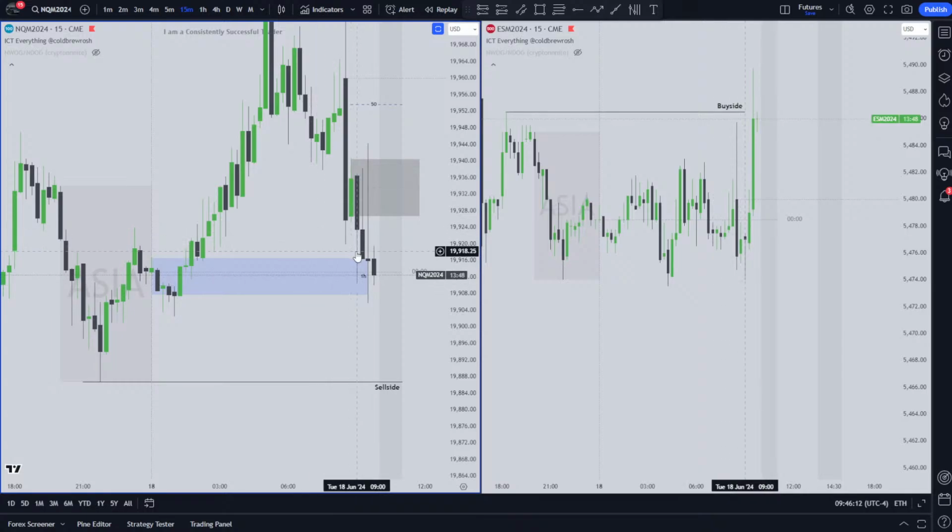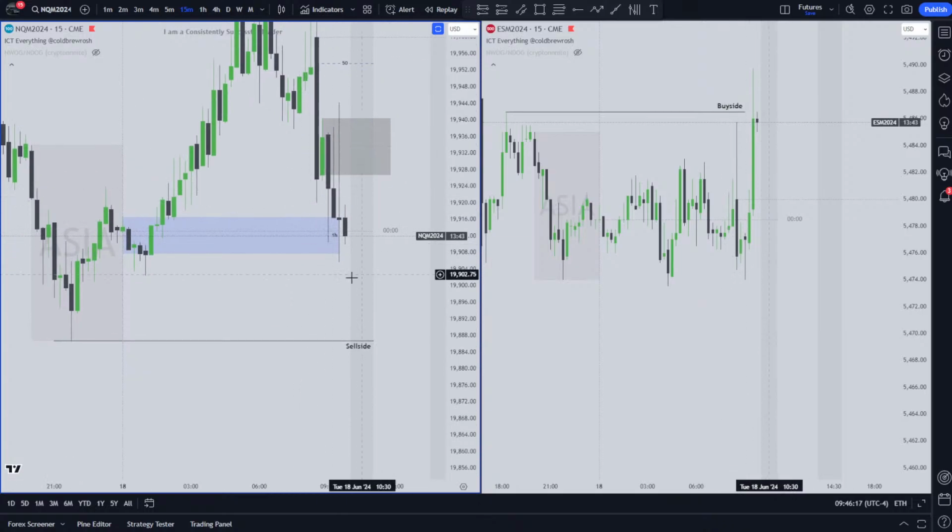Yeah, this is good. This is kind of what we want to see. Continue to break lower. We've got our midnight here.